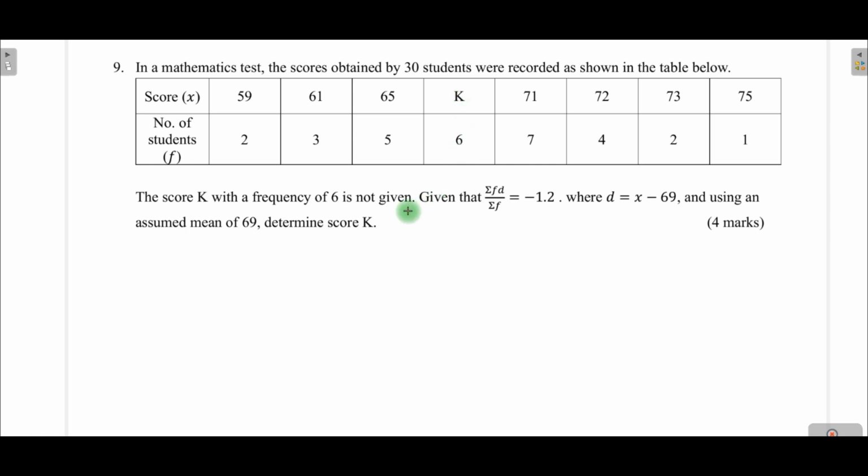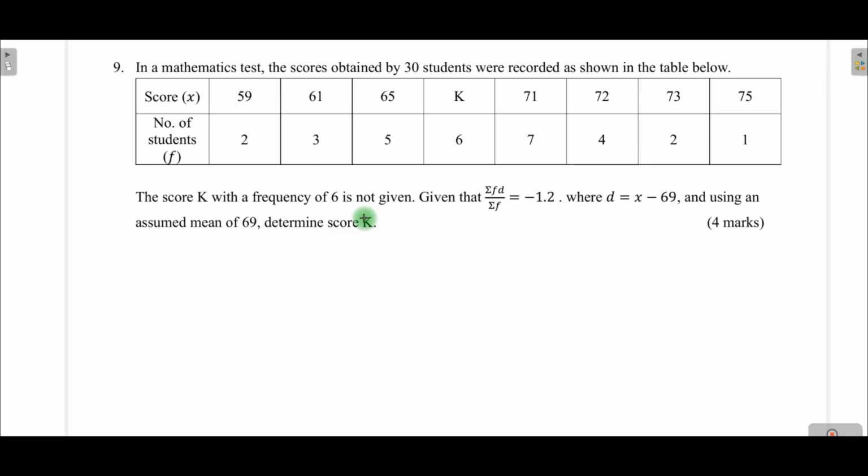Given that the sum of fd over the sum of f is equal to minus 2, where d is equal to x minus 69, and using an assumed mean of 69, determine the score K.